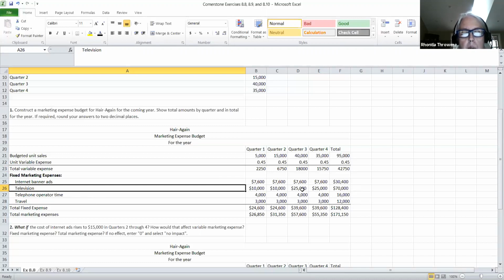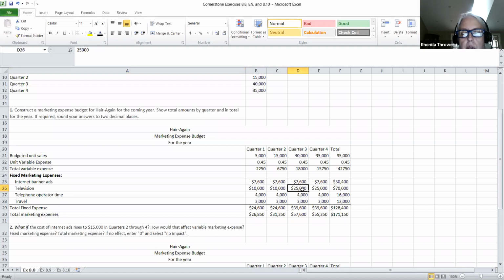But remember, this television infomercial is going to cost us more in quarter 3 and quarter 4. They gave us that information. So the remaining fixed costs are the same, and then we picked up 25,000 for the television infomercial. And for quarter 4, it's also going to be 25,000 for that television infomercial. So those are your fixed costs there.